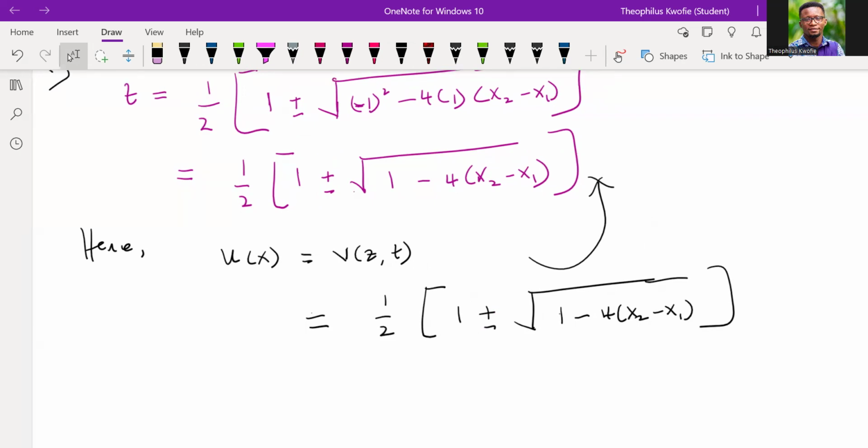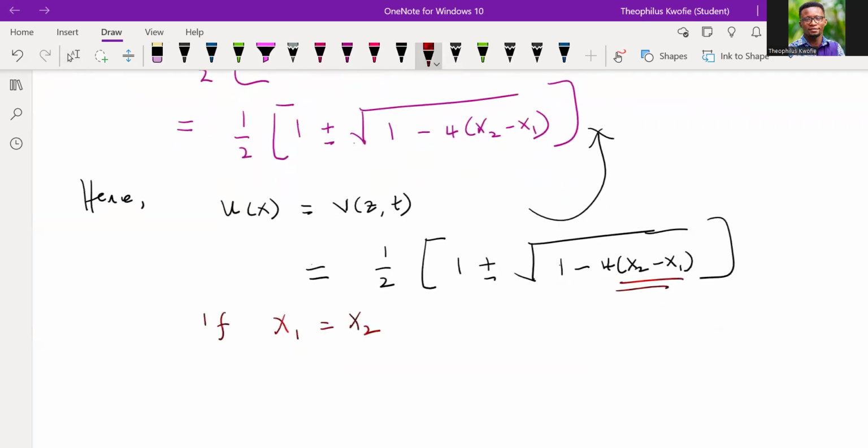So let me use a different pencil for us to make the analysis. We see that if x1 and x2 are the same from here, you will find out that your u of x will be equal to what?